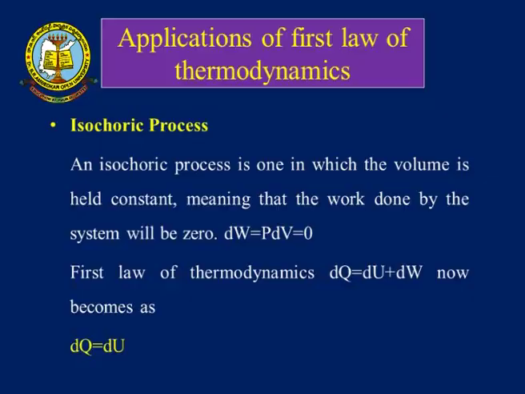That means, in the isochoric process, the total amount of heat supplied or rejected to the system will be equal to the increase or decrease in its internal energy. dq is equal to du.